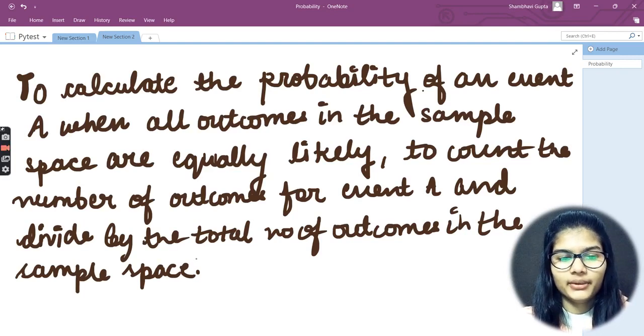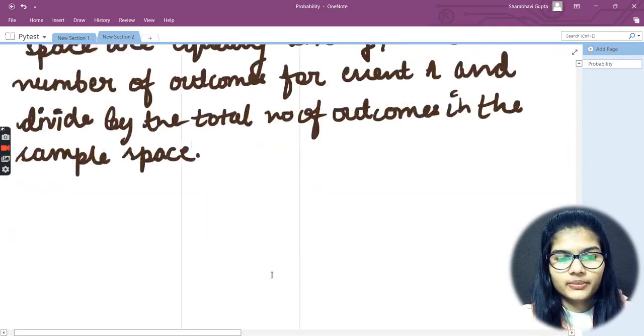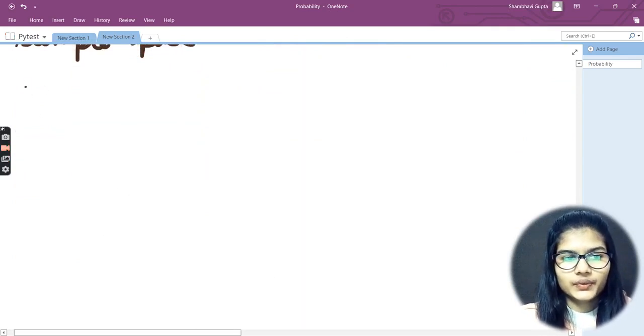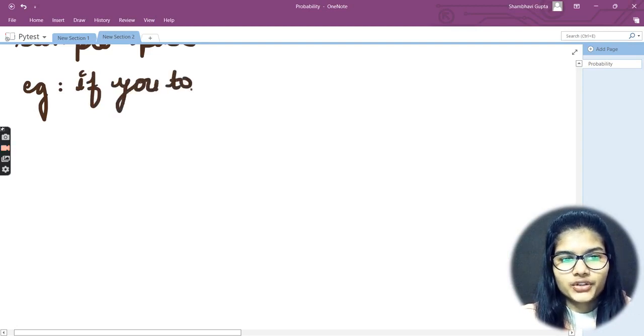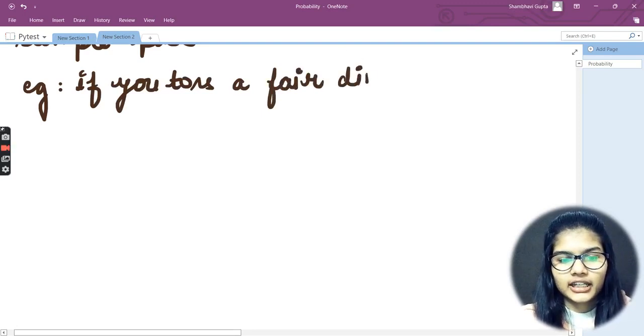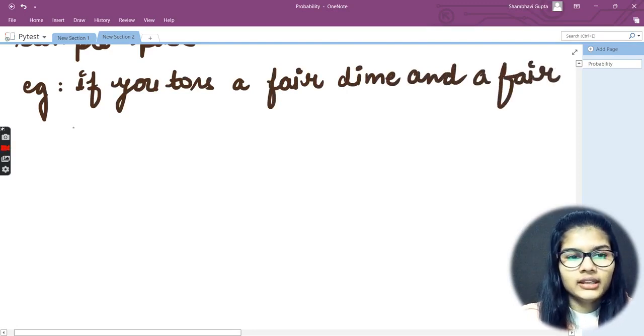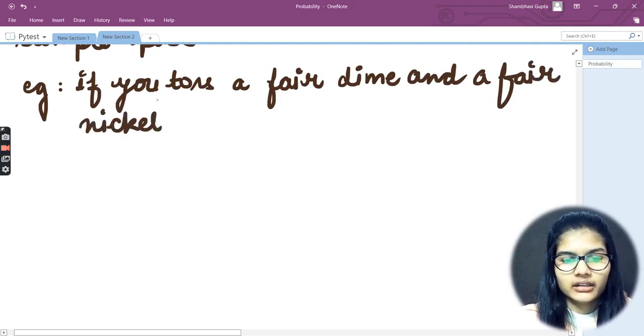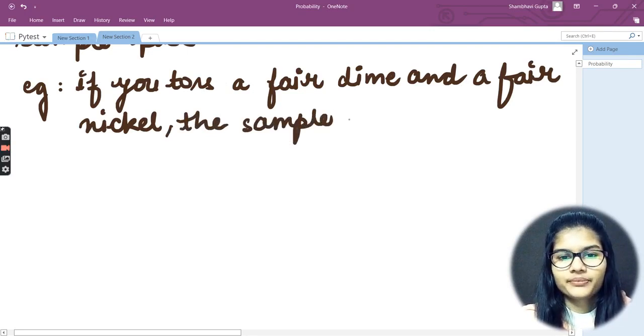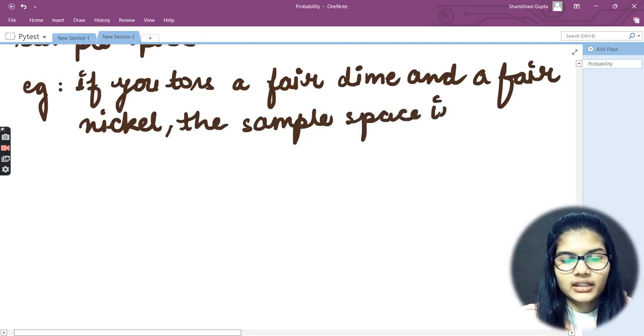Now let me quickly take up an example here. So my example goes in a way that, let's say, if you toss a fair dime and a fair nickel, or you can say a coin, the sample space is, what's my sample space?